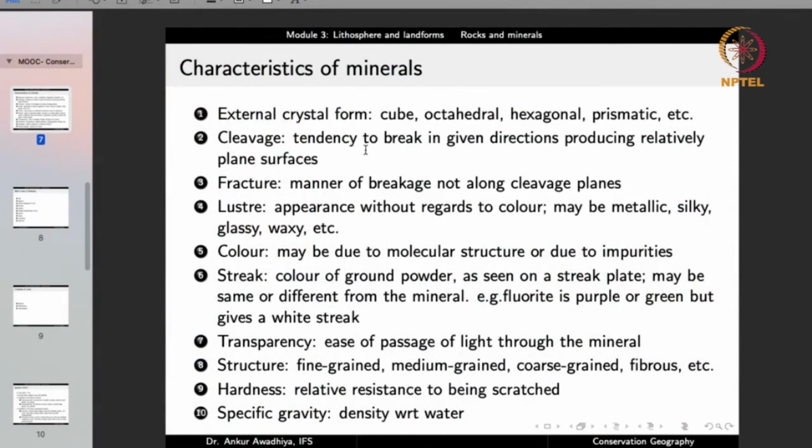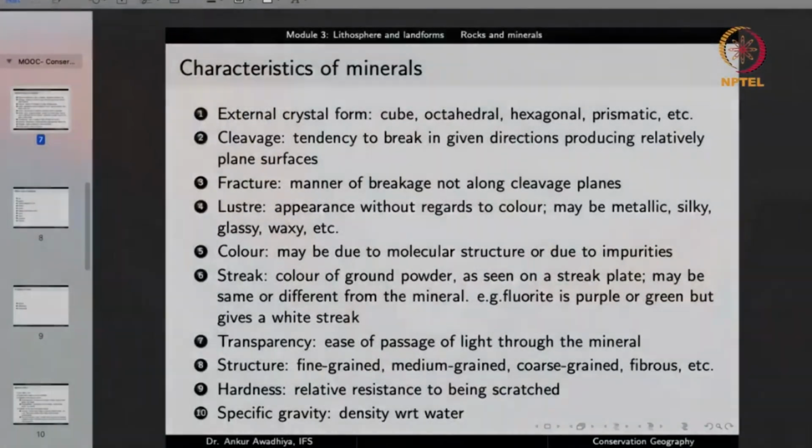So cleavage is the tendency to break in given directions, producing relatively plane surfaces, because in this case you are breaking the crystal in such a manner that a plane gets created in which the crystal structure is maintained.